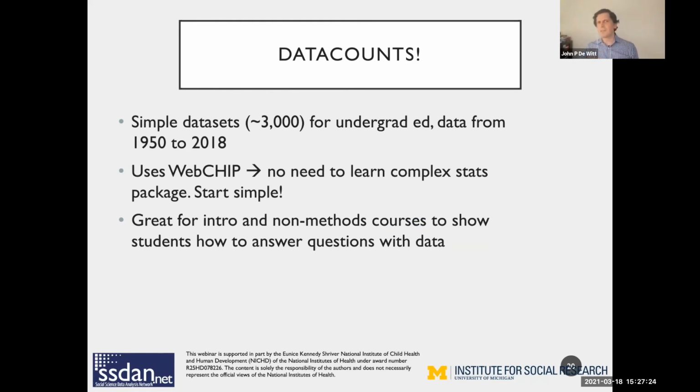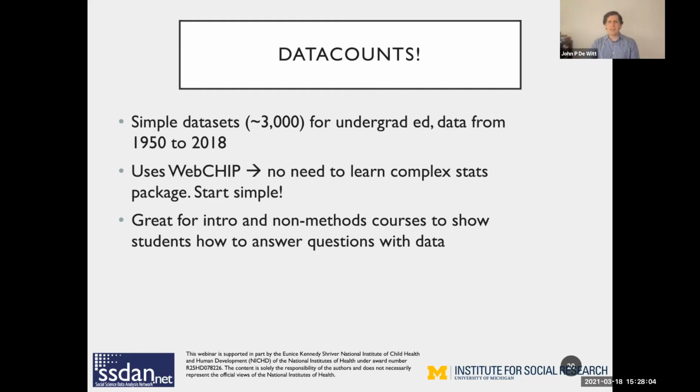I'll quickly talk about this for just a moment while you're pulling that up. So Bill is about to pull up Data Counts. There are something like 3,000 simple data sets that are repackaged. They remove a lot of the complexity of dealing with the microdata and put in highly filtered, recoded data sets that are easy to use even for high schoolers or early undergraduate students who don't really have a background in stats or math or quantitative data.